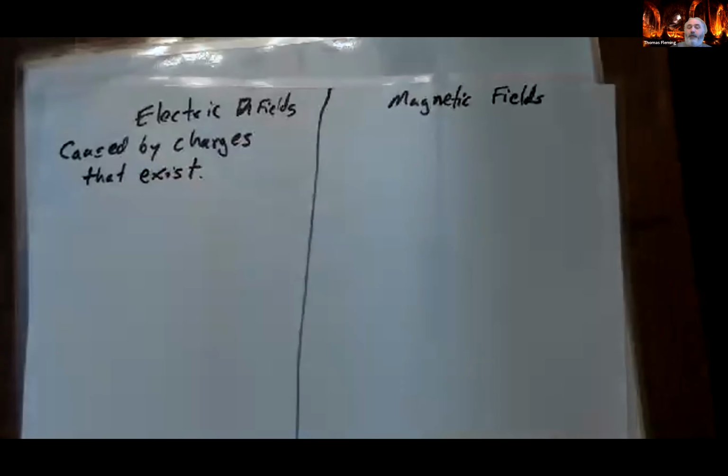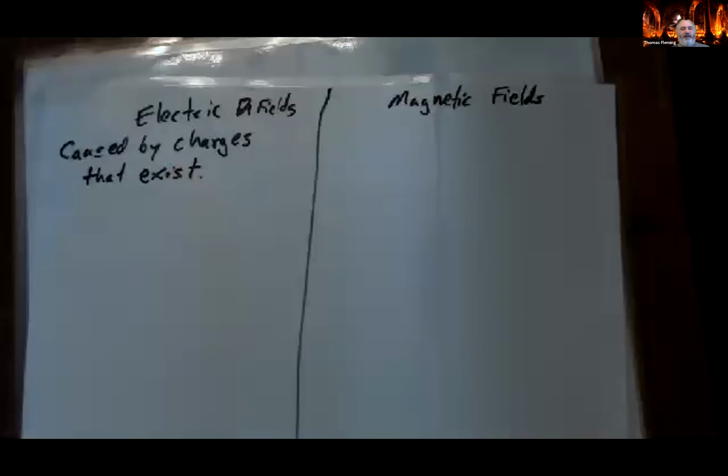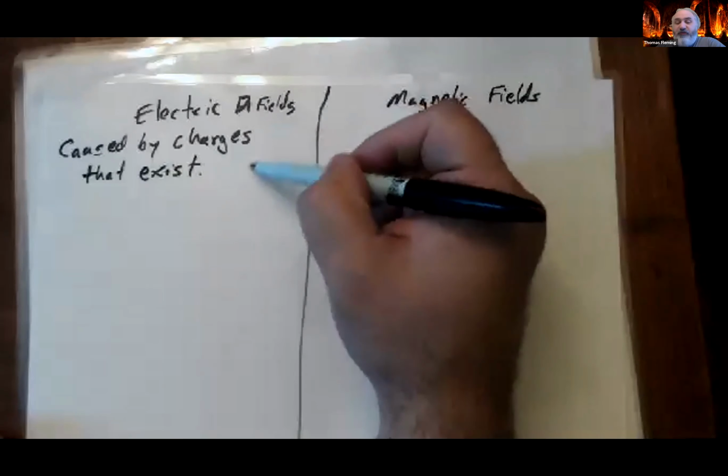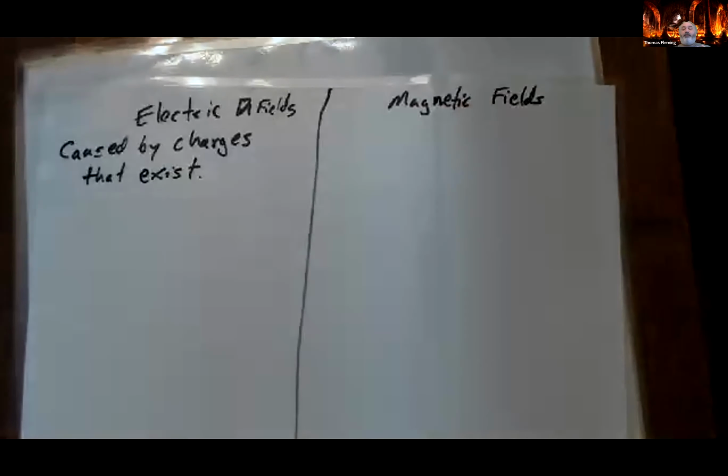Now, in chapter 23, we're going to learn some ways to create electric fields besides that. But again, for the time being, charges that simply exist create electric fields everywhere.